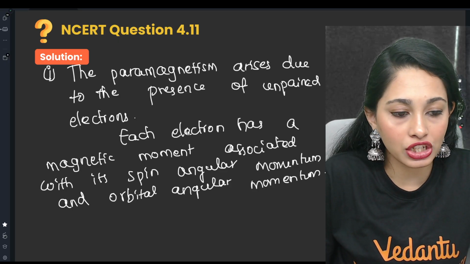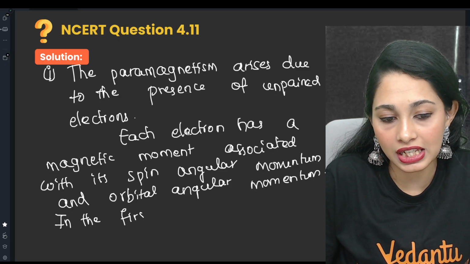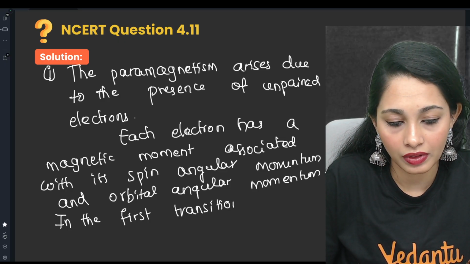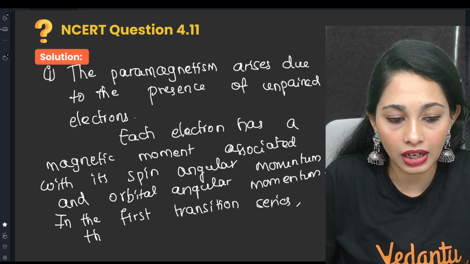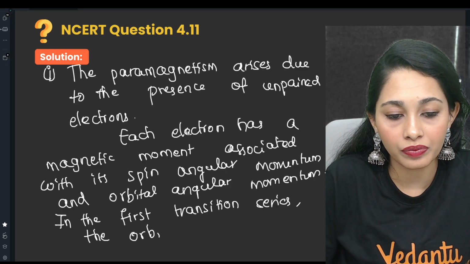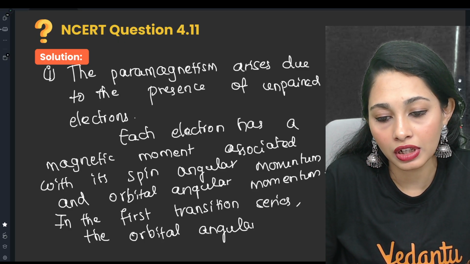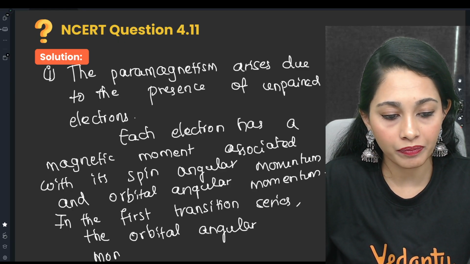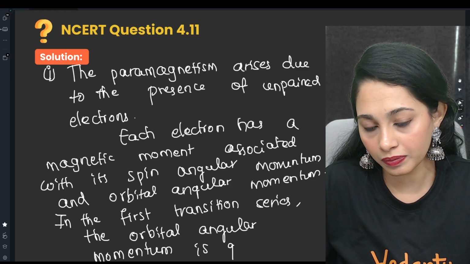In the first transition series, the orbital angular momentum is quenched.